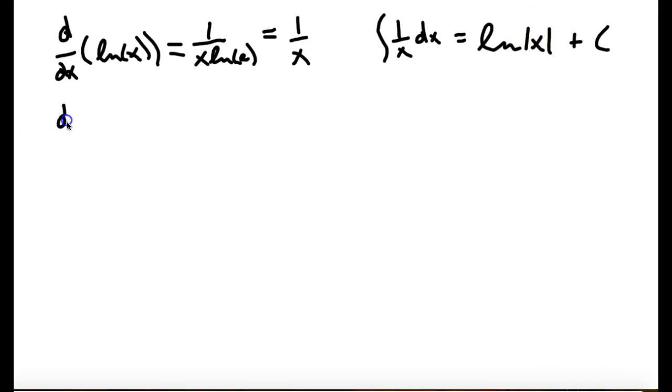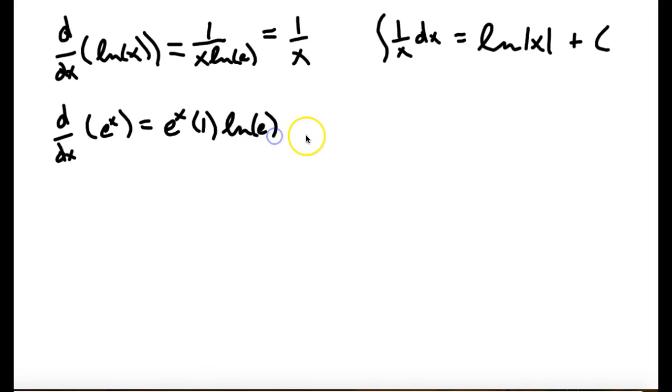Now, we also have that the derivative of e to the x was, well, the derivative of any exponential function is the exponential function itself times the derivative of the exponent times the natural log of the base. So, in this case, the derivative of e to the x is just e to the x.